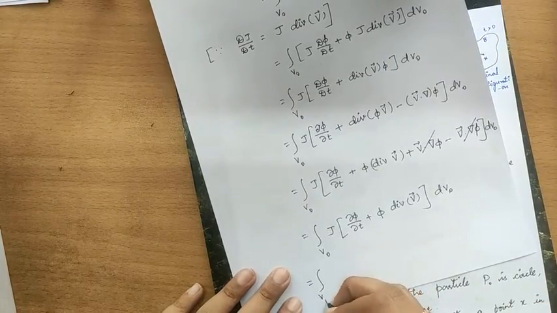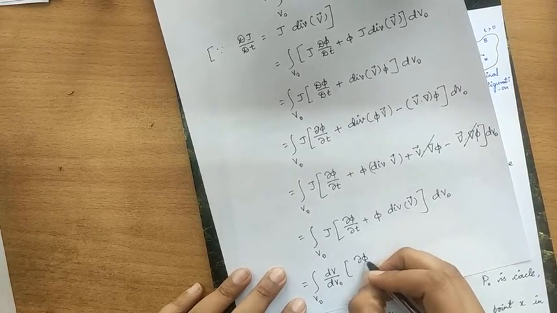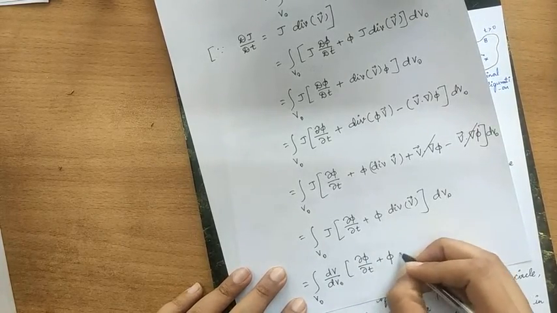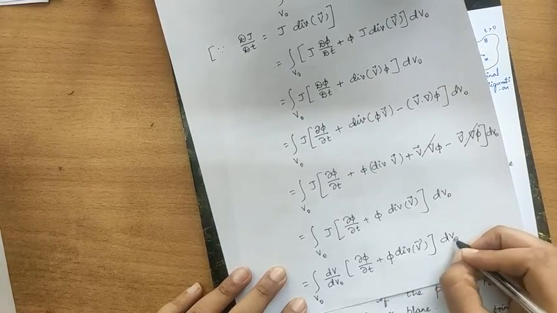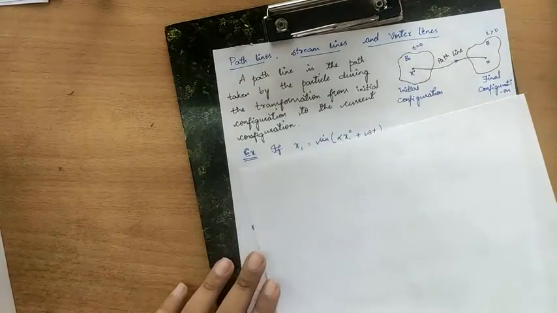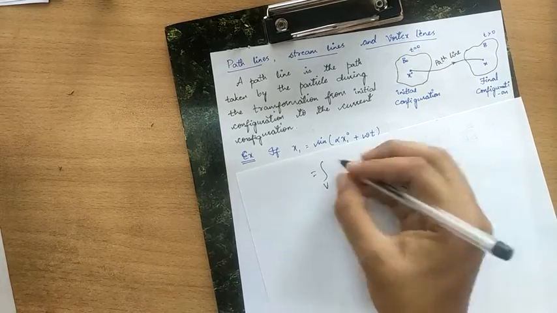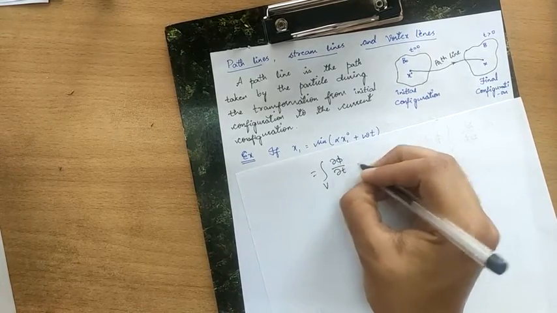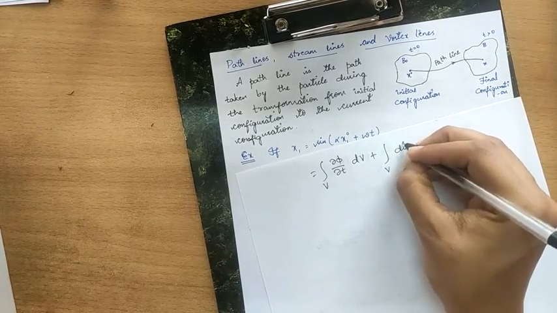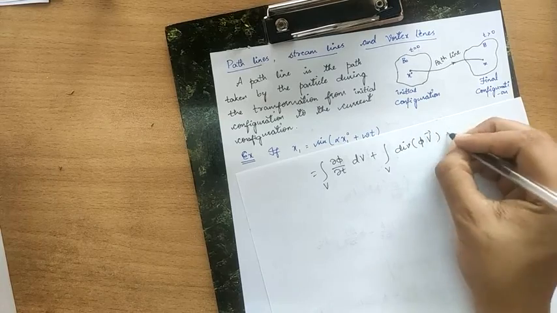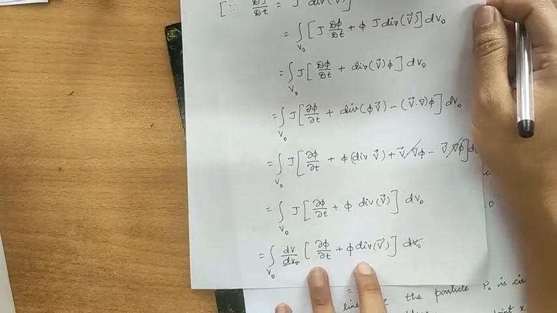You will get integral over V0 of dV by dV0 into dou phi by dou t plus phi into divergence of v, dV0. dV0 gets cancelled. So this will be equal to integral over V of dou phi by dou t dV plus integral over V of divergence of phi into vector v dV. I have just split this into two integral signs.